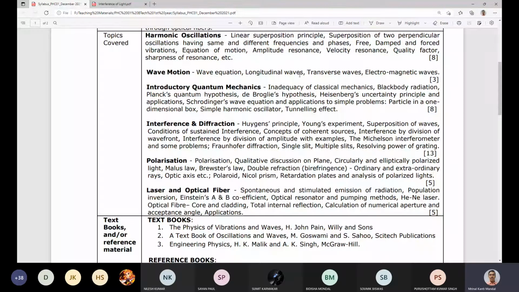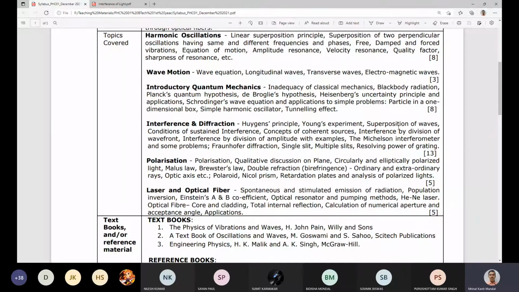Now, out of this, generally we will start interference and diffraction today. So it will start with Huygens principle, Young's experiment, superposition of waves, here the linear superposition principle, which is also present in harmonic oscillator. Superposition of two perpendicular waves having same and different frequencies and phase will also be discussed in this unit.